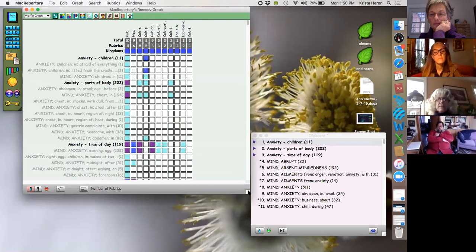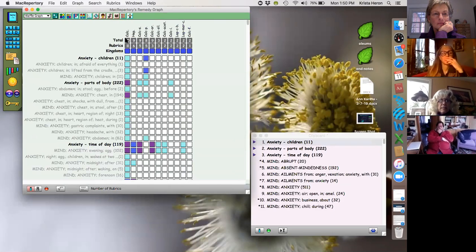The reason this is useful is, oh, look at Calc Foss and Calcarea, they have a lot of the same rubrics. I wonder how it actually shows up. Children are afraid of everything in Calcarea, but Calc Foss isn't listed there. So it just allows you some differentiation and comparison.